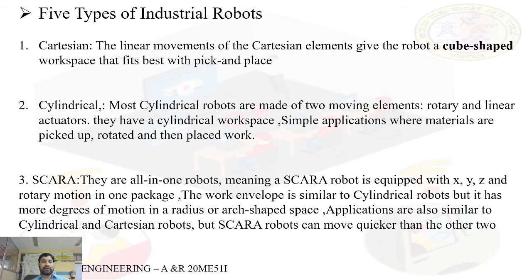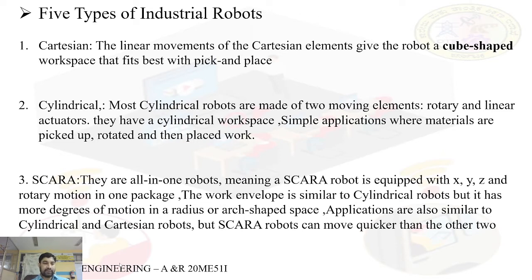Compared to the cylindrical movement, it has more degrees of motion in a radius or arc-shaped space. The applications of SCARA robots are similar to the cylindrical and custom robot, but SCARA robots can move quicker than these two robots. The SCARA moves at a quicker speed.